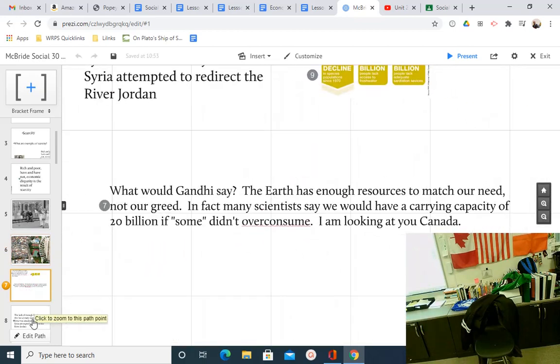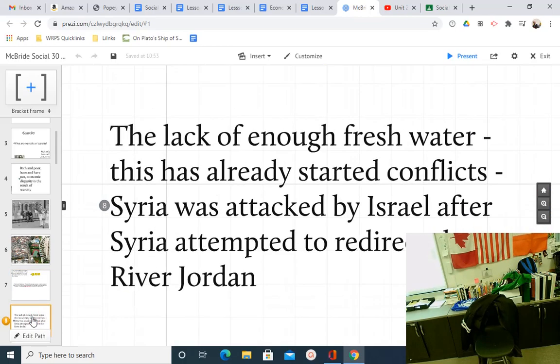But Gandhi would say poverty is the worst form of violence.